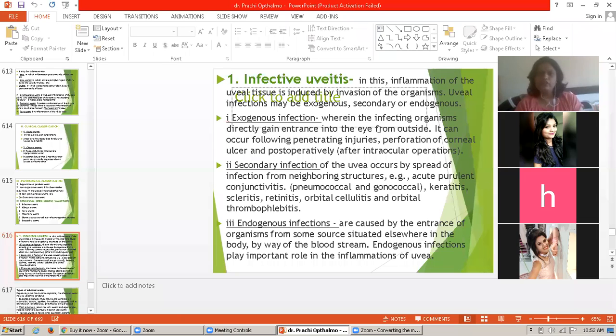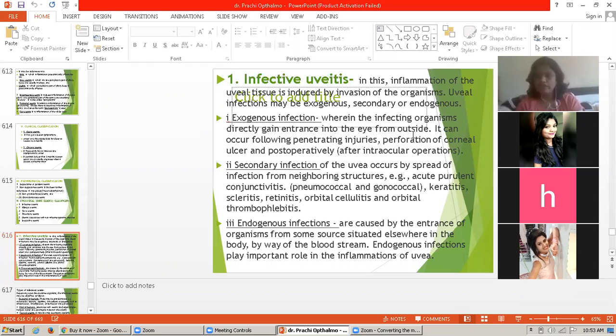In the exogenous infection, the infective organism directly gains entrance into the eye from outside, and it occurs following penetrating injuries, perforation of corneal ulcer, and post-operatively after intraocular operation. So when an exogenous infection occurs, the infecting organism directly gains entrance into the eye from outside.